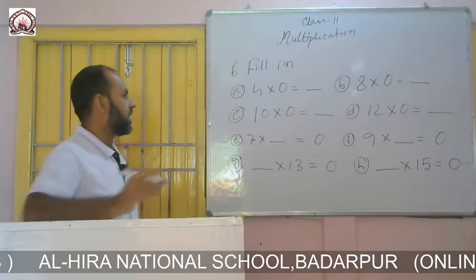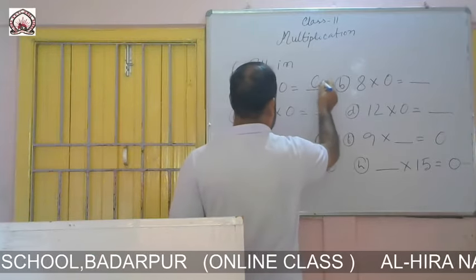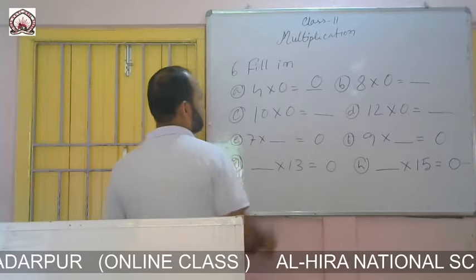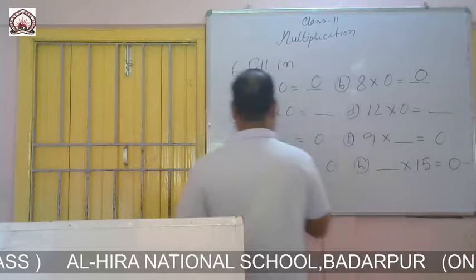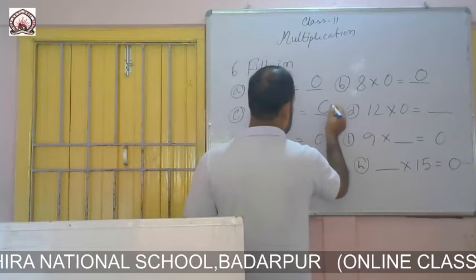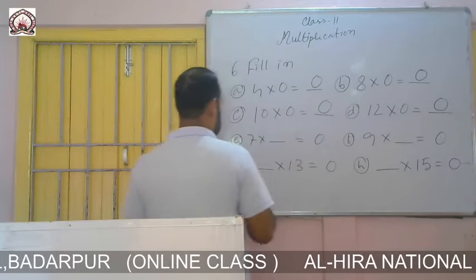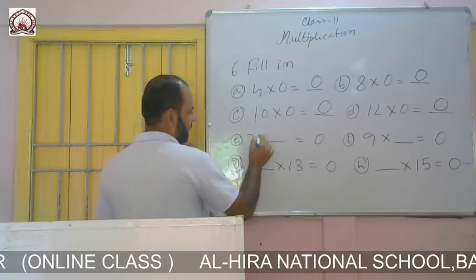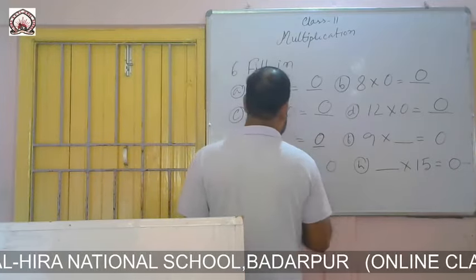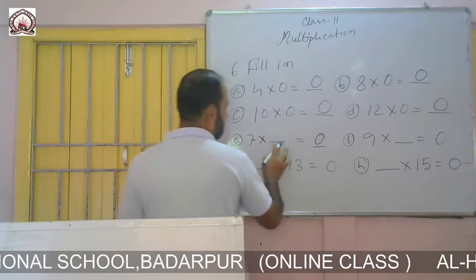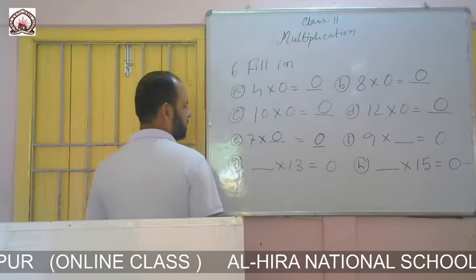So just before we got number into 0, the answer is 0. 4 into 0 is 0. Same, 8 zeros are 0, 10 zeros are 0, 12 zeros are 0. If the product or answer is 0 and a number is there, then 7 into 0 is equal to 0.